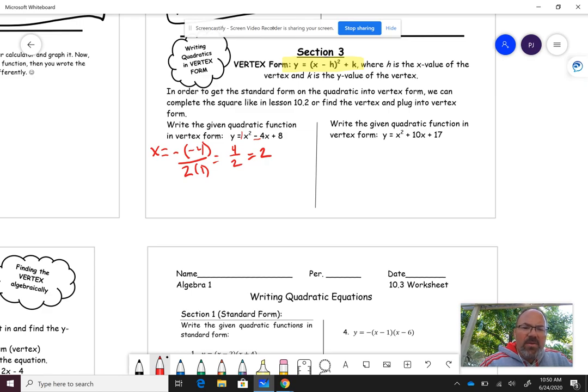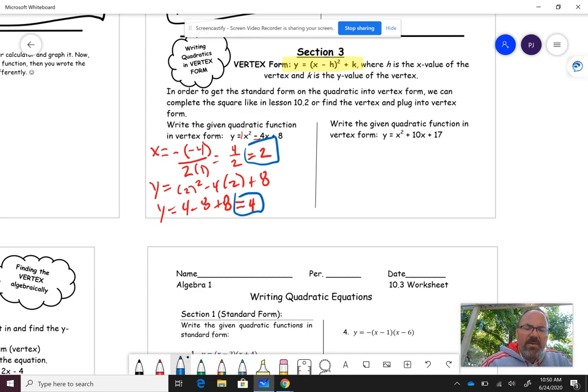The y value, I find out by plugging this x value back into the original equation. y is equal to 2 squared minus 4 times 2 plus 8. y equals 4 minus 8 plus 8. Minus 8 plus 8 just cancel each other out and leave me with 4. So I've got my x value and my y value for my vertex.